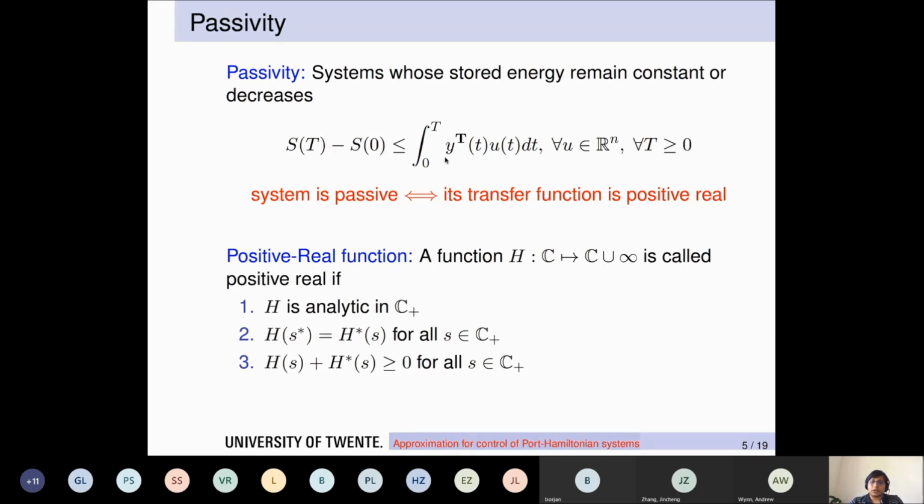Positive realness can be defined as follows: a rational function which is stable and which maps the open right-half plane into the closed right-half plane is called positive real. As this is an important property, we would like to have it in our approximate system.